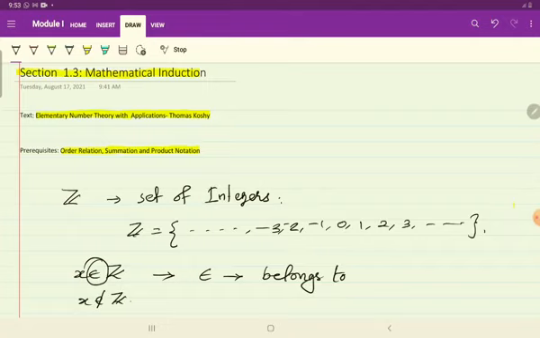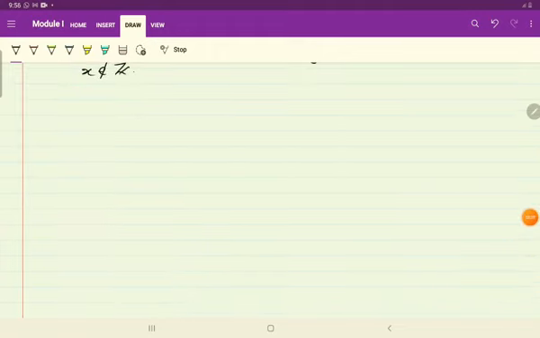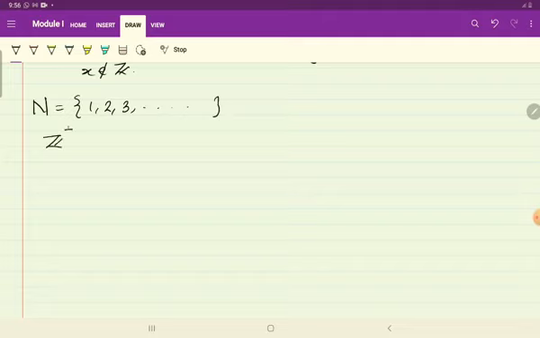There are positive integers 1, 2, 3, etc., which are also called the natural numbers or counting numbers. The set of natural numbers is denoted by the letter N, or these are the positive integers, which we denote by Z plus.